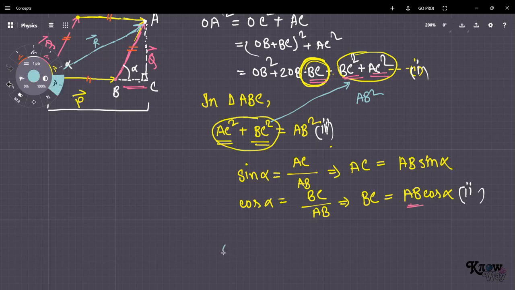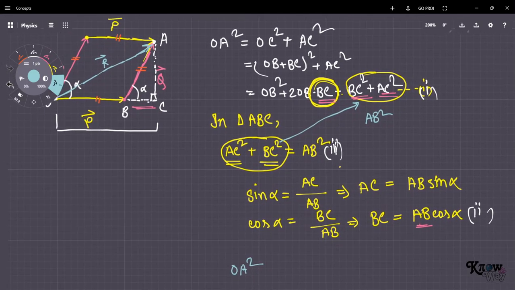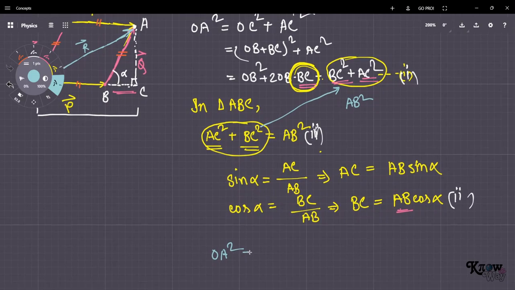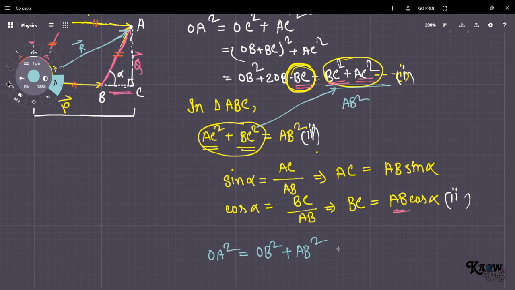Okay, so now we can write that OA squared, let's put the figure so you can visualize, OA squared will be equal to OB squared plus, replacing this with AB, the AB squared plus 2 OB, and the irrelevant part was BC.